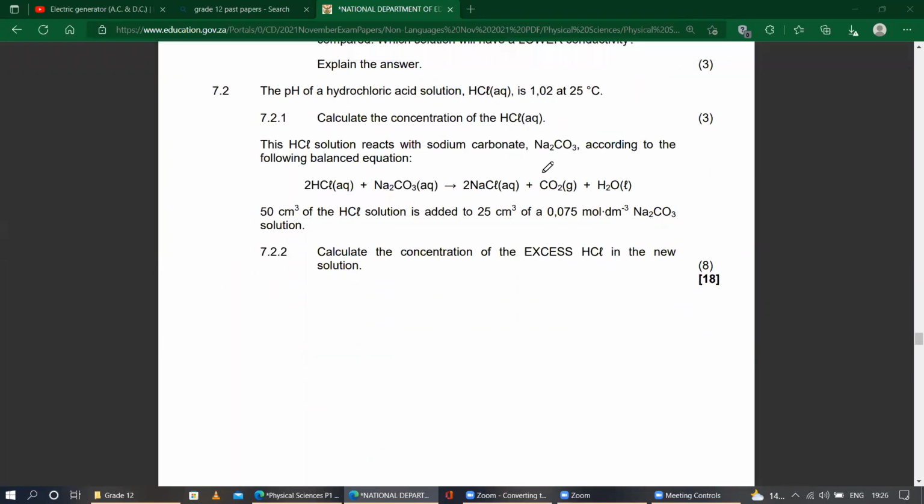As I was speaking to myself, the pH of the hydrochloric acid solution is 1.02 at 25 degrees Celsius. They say calculate the concentration of the HCl solution. Do you guys know the pH formula?